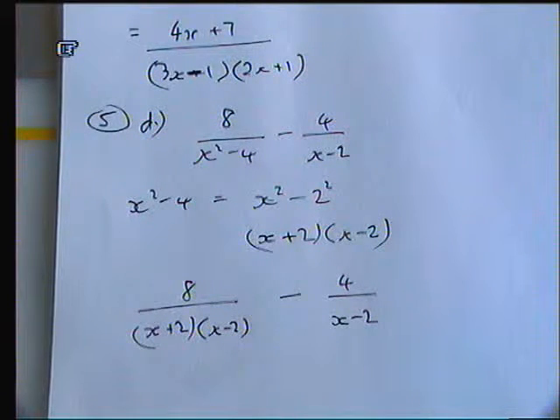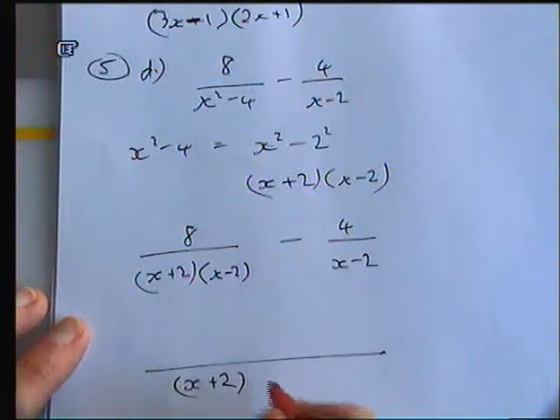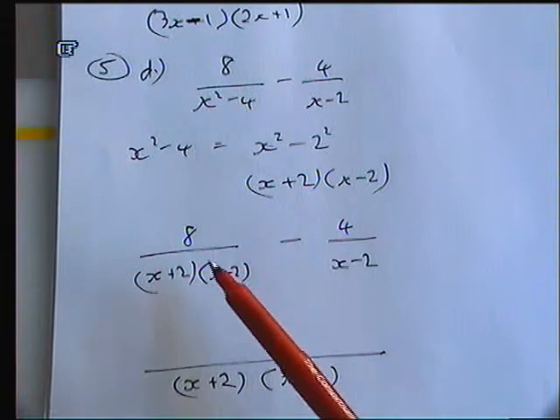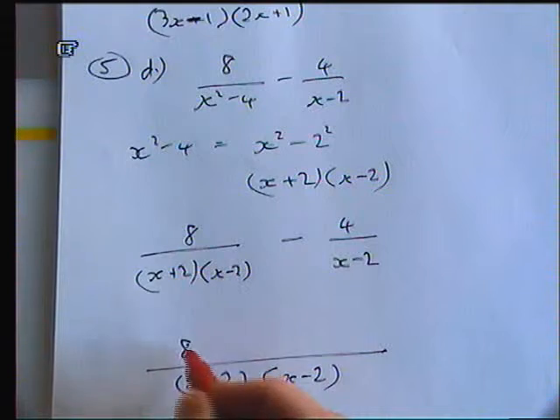Now, so far for our denominator, the bottom, we've just put all the brackets down. Here we don't need to, because this x minus 2 is already here. Our common denominator could be just x plus 2 over x minus 2. The first fraction, the 8, the bottom is already here, so I just leave it as an 8.